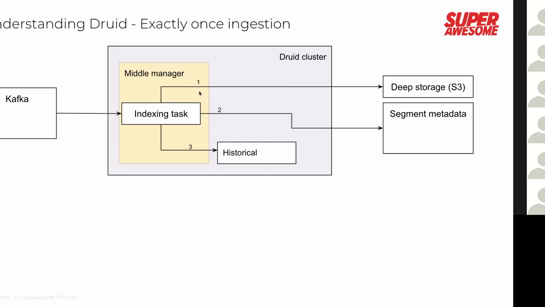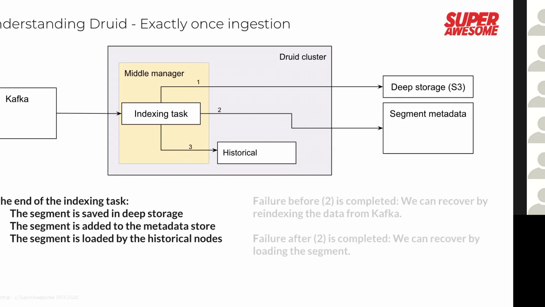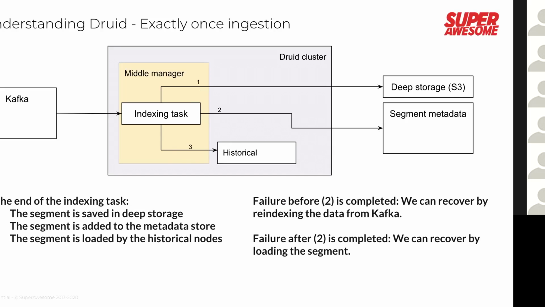If you lose your task after that second step, so once the segment metadata has been updated, then you know that Druid will recover because the historical will load the segments, even if the indexing task doesn't exist. So then the question becomes, what happens in 2?